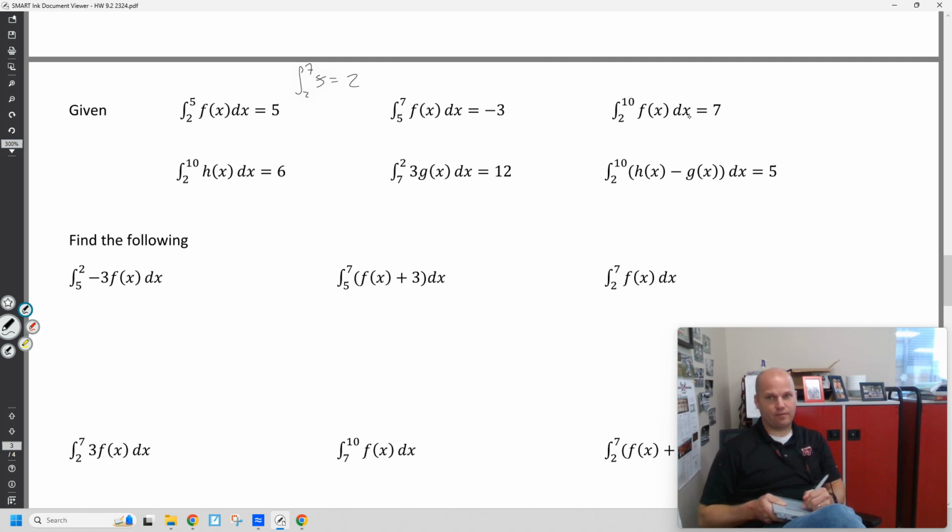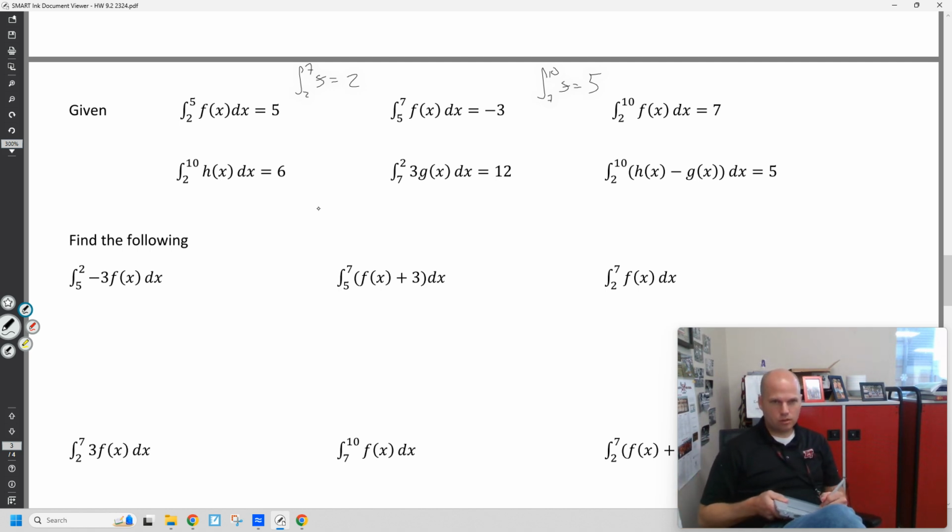If 2 to 10 of F is 7 and 2 to 7 F is 2, I know that 7 to 10 of F is 3. No, it's 5. I don't know why I thought that. That way, like 2 plus 5 is 7, or you could just like subtract to figure that out.